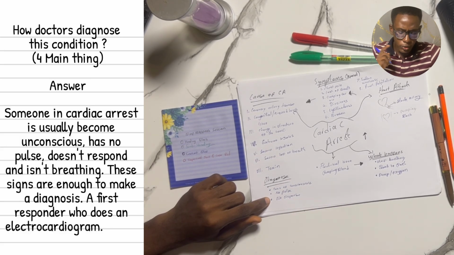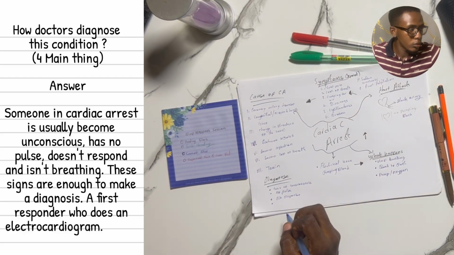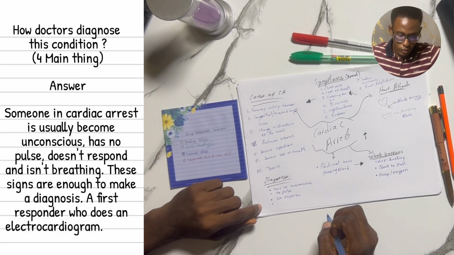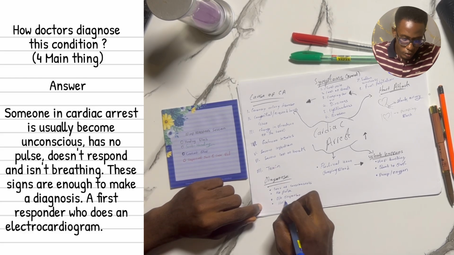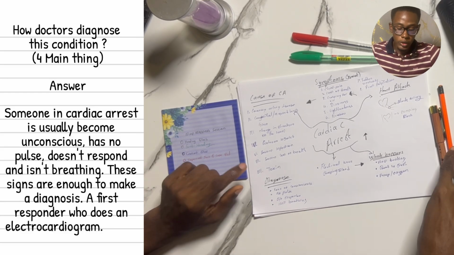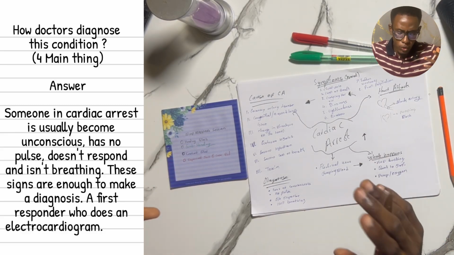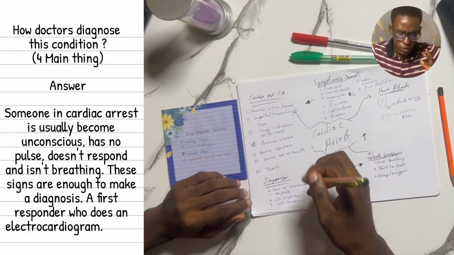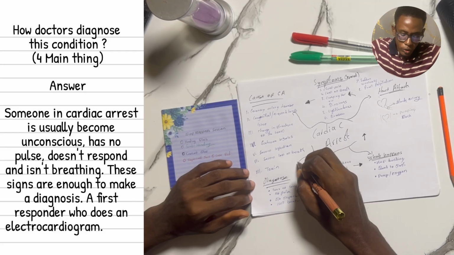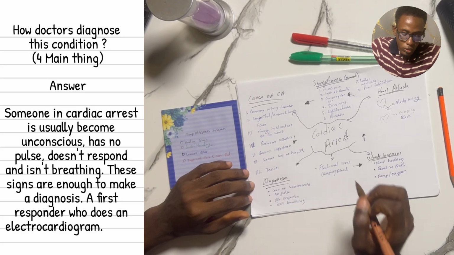Thirdly, the patient stops responding. And fourthly, the patient isn't breathing. So these are the signs that doctors will see on the spot that indicate that the person has cardiac arrest or is going into cardiac arrest.